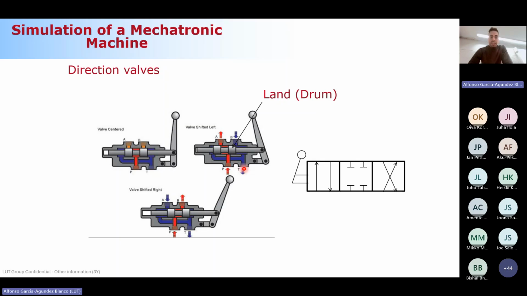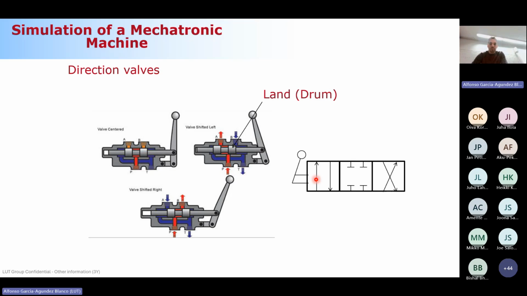Perfect. So, question. In this representation that we were doing the other day, to review, this is very important, okay? The first one, valve centered, with these three rectangles, which of them would correspond? Can somebody tell me? This situation here. Exactly.